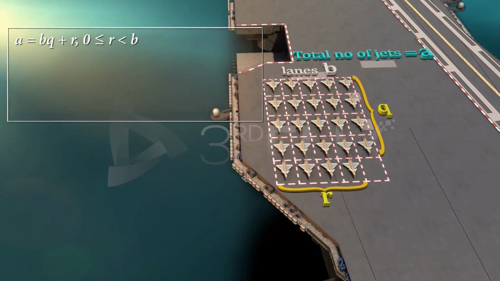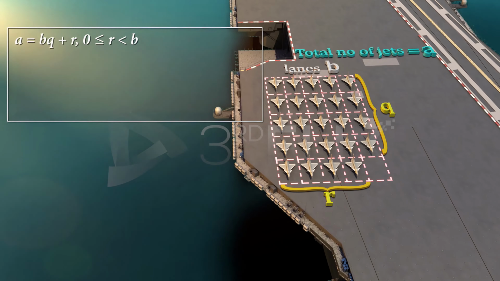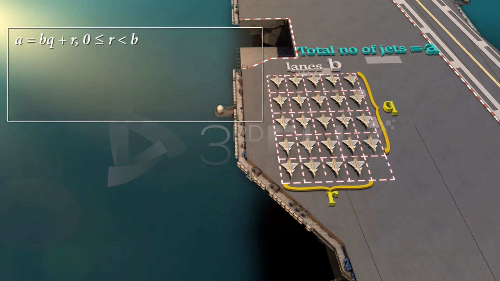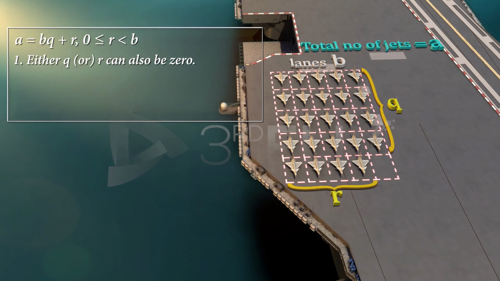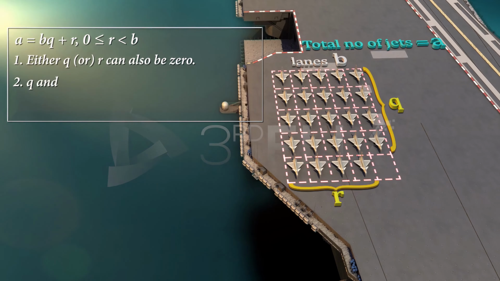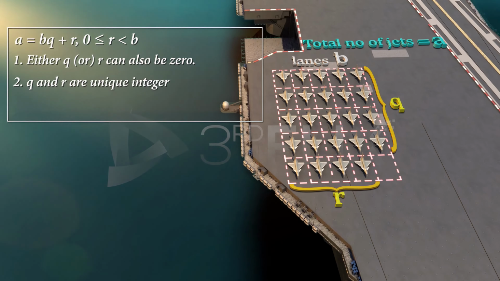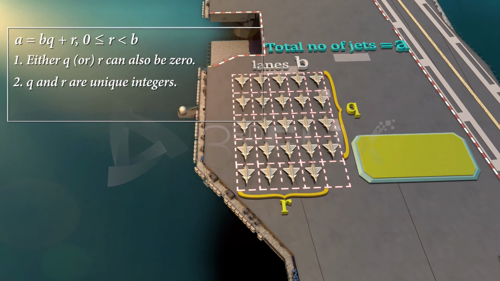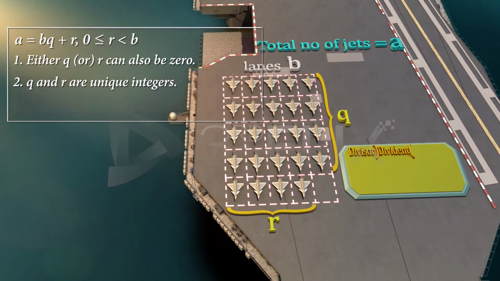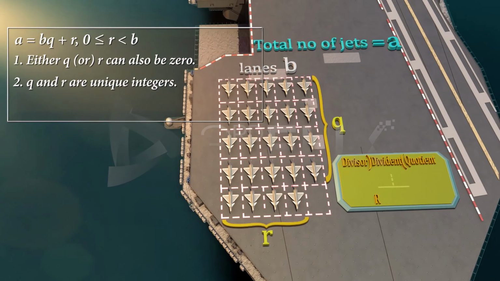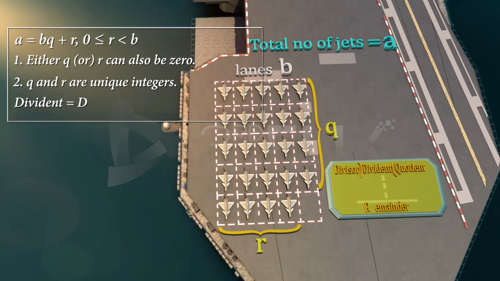And we observed the following points from the above examples. 1. Either q or r can also be 0. 2. q and r are unique integers. 3. Restatement of the long division process, q and r are called quotient and remainder respectively.